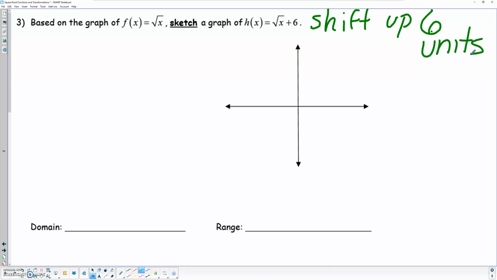Okay, so again, it's just a sketch. So I'm going to do 6 little marks on my graph. And then I'm going to draw that square root of x curve. Okay?